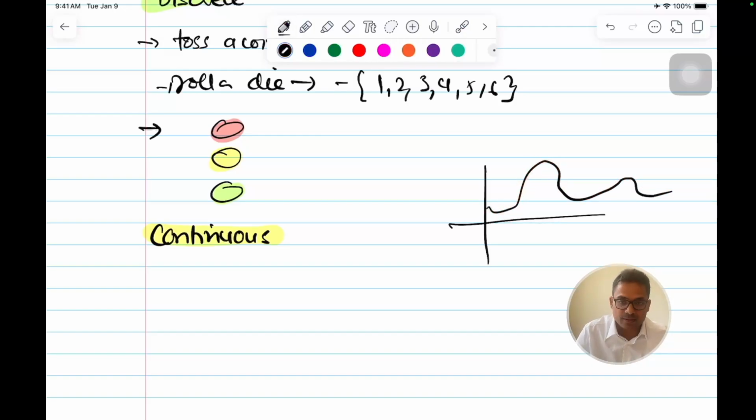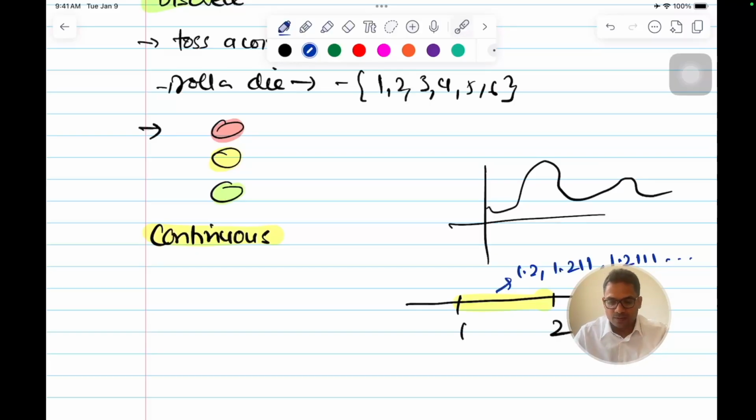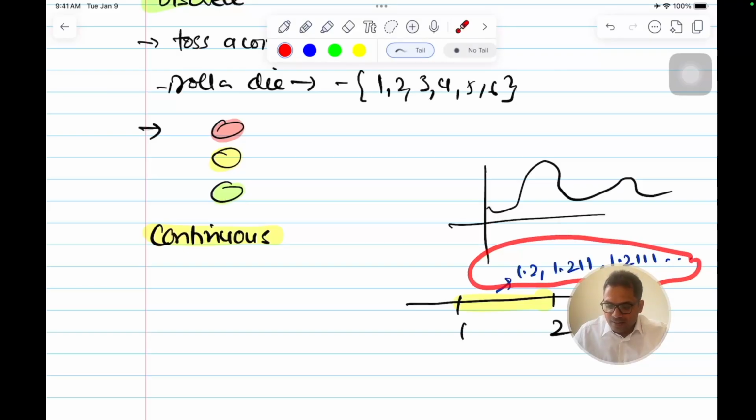Similarly, on a line segment, in the previous example I mentioned, if you have to choose any number between 1 and 2, in this range there can be infinitely many numbers. As I mentioned earlier, there can be 1.2, 1.211, 1.2111, etc. So there can be infinitely many numbers.